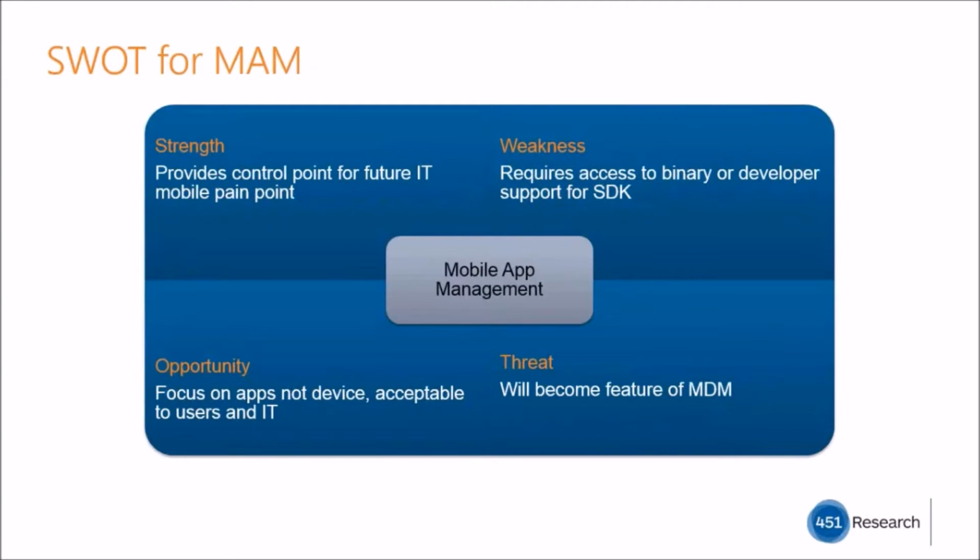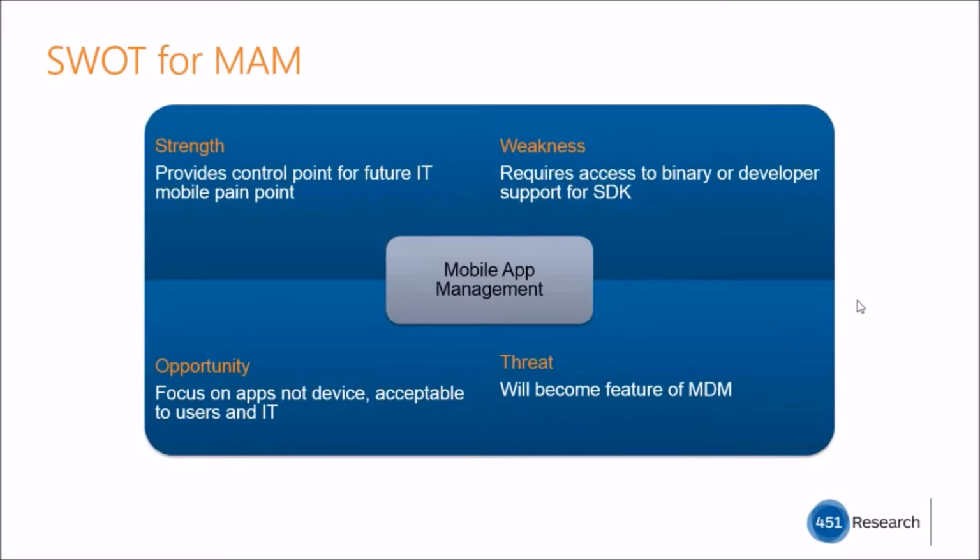So the next slide is mobile application management, and here this really provides a control point for the future of mobility for a lot of organizations, which will be applications, and so focusing on the deployment and security around specific applications.